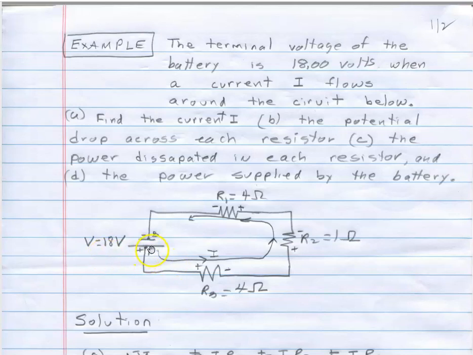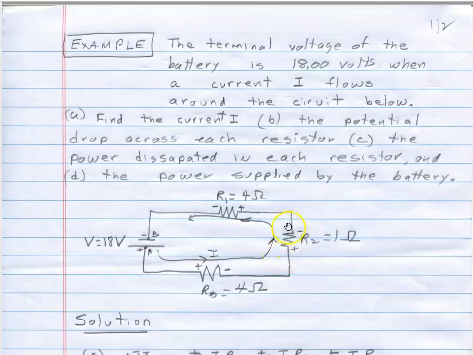Current flows from the high potential side all the way around to the low potential side and through the battery. So it's a steady current I all the way through every element in the loop. Once I know the direction of current flow, current always flows from high to low potential. So in our case, since it flows in this direction, this is the high side of this resistor, this is the low side.